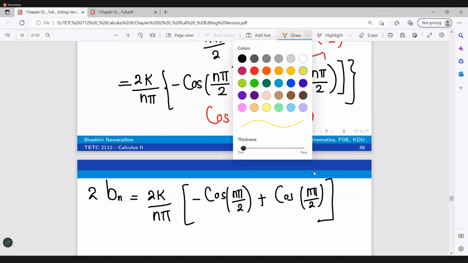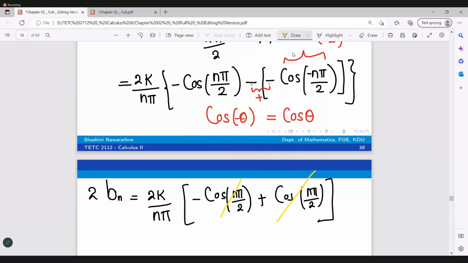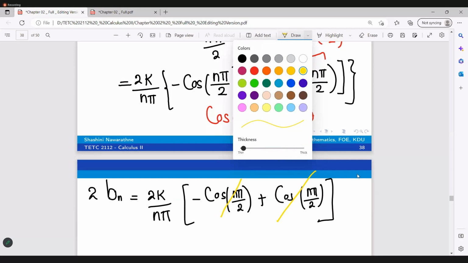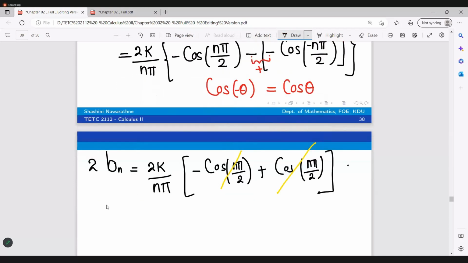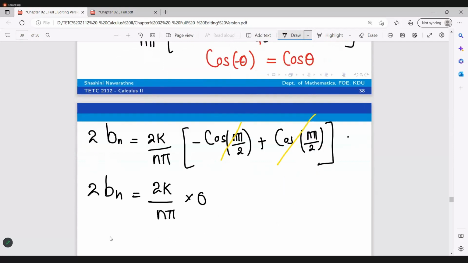Since this is minus and this is plus, these two cancel out, and 2 times Bn is equal to 2k over n pi times 0. So we obtain Bn is equal to 0.